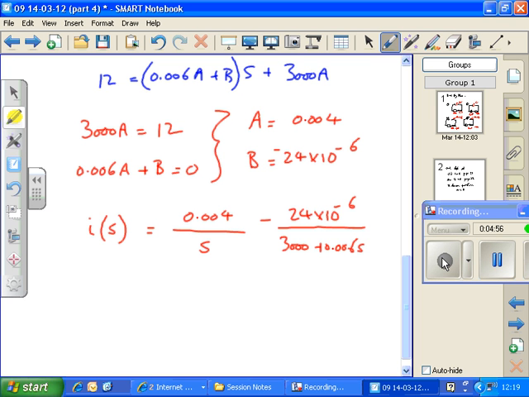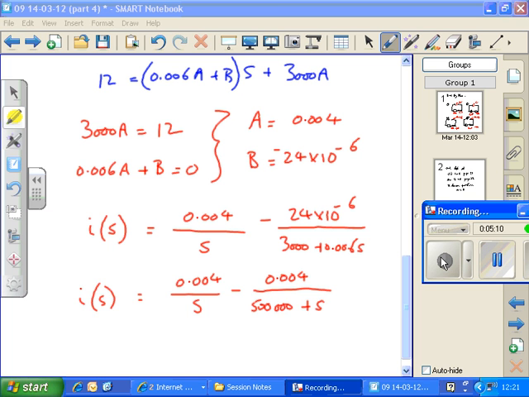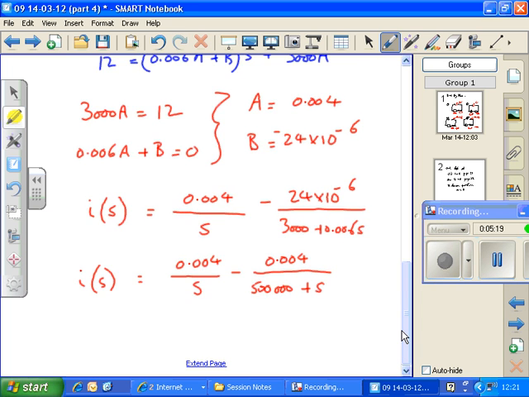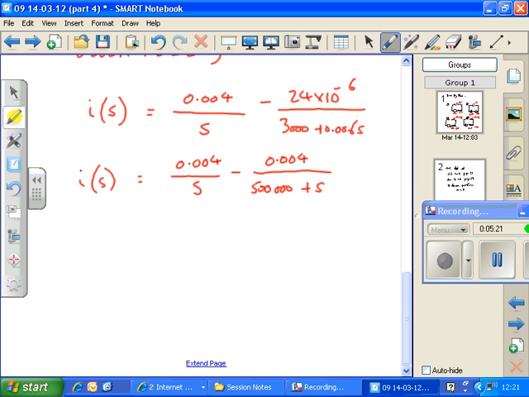So now I need to get S on its own, because that's how they are in the table transform. So divide each term, top and bottom, in the second fraction by 0.006, and that will give us S on its own, which gives us this for IS, 0.004 over S minus 0.004 over 500,000 plus S. Now we can use the Laplace transforms to find out what I is in terms of t.